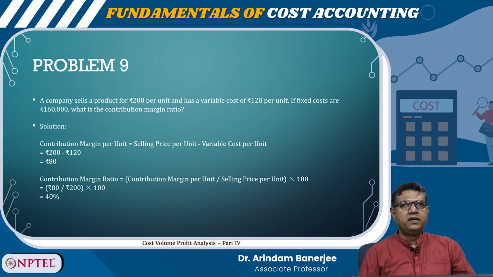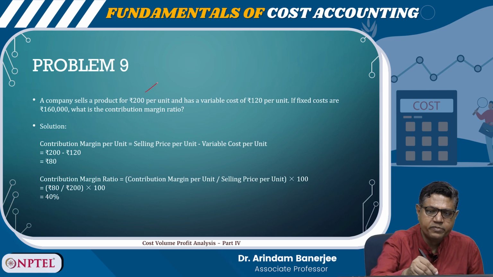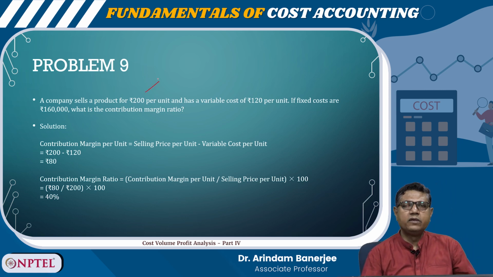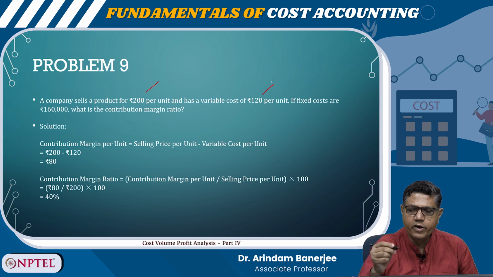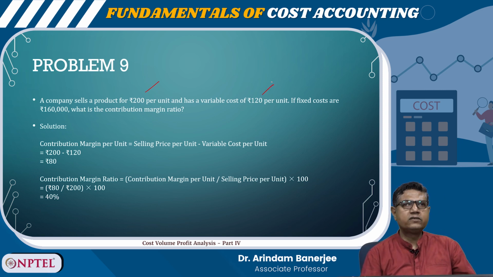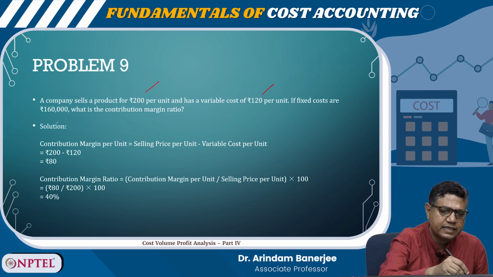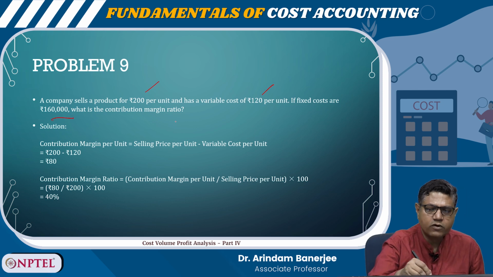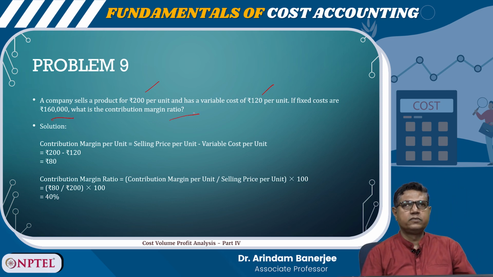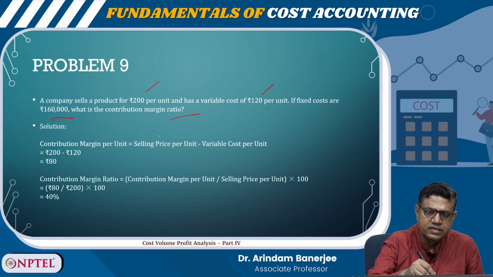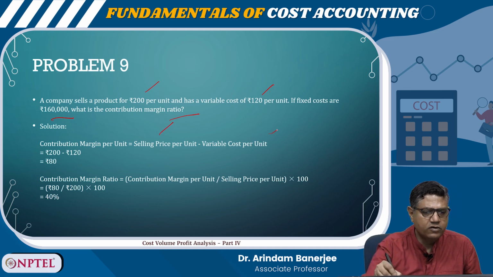Problem 9. A company sells a product for rupees 200 per unit and has a variable cost of rupees 120 per unit. If fixed costs are 1,60,000, what is the contribution margin ratio? We earlier also calculated this in one problem. Contribution margin per unit is selling price per unit minus variable cost per unit.